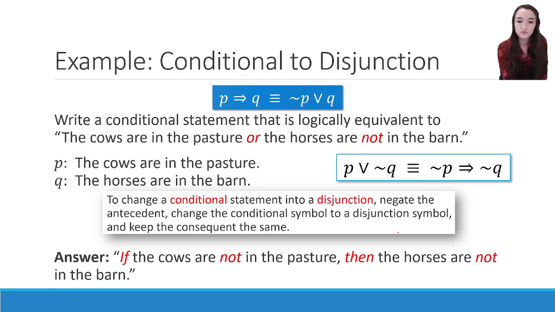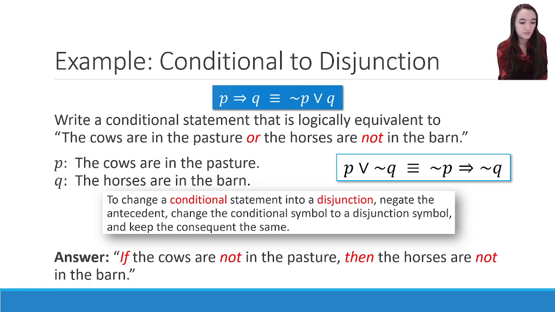So verbally this becomes, if the cows are not in the pasture, then the horses are not in the barn. Now, why is that the same? It might take a little bit to wrap your mind around how those mean the same thing logically or even verbally, but they do.